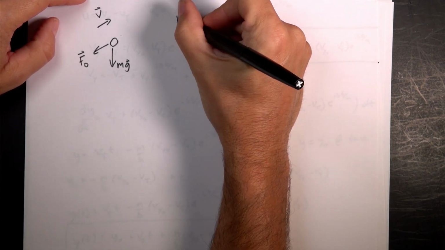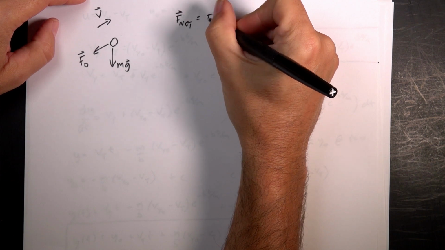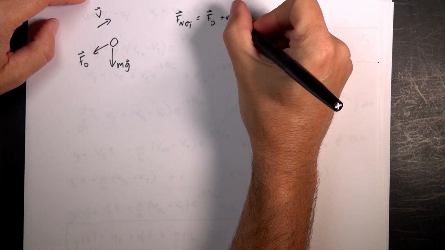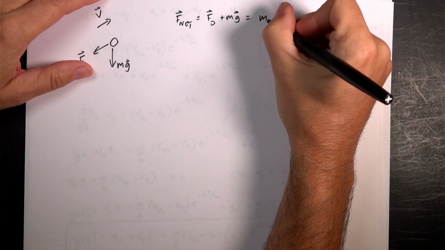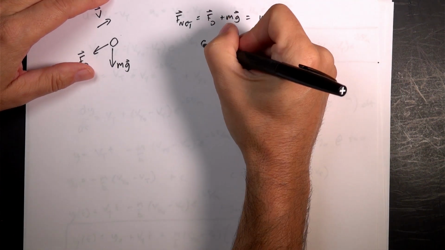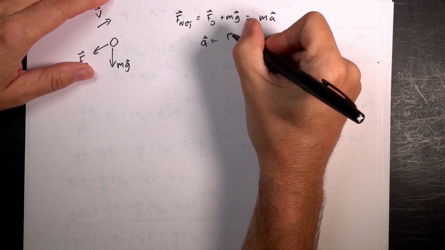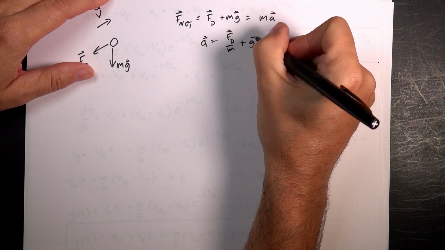If I calculate F net, it is Fd plus mg, and that's going to be equal to ma. So from this, I can calculate a. a is equal to Fd over m plus g.